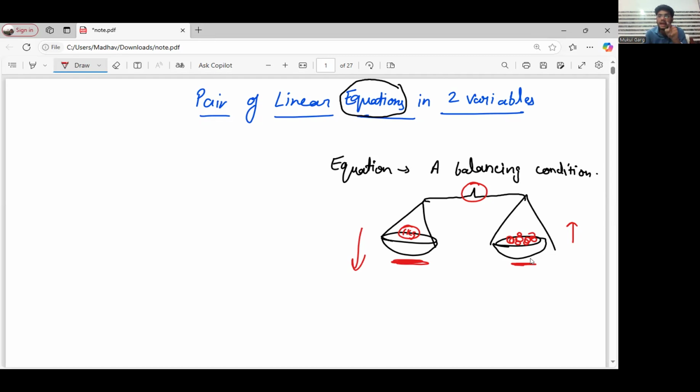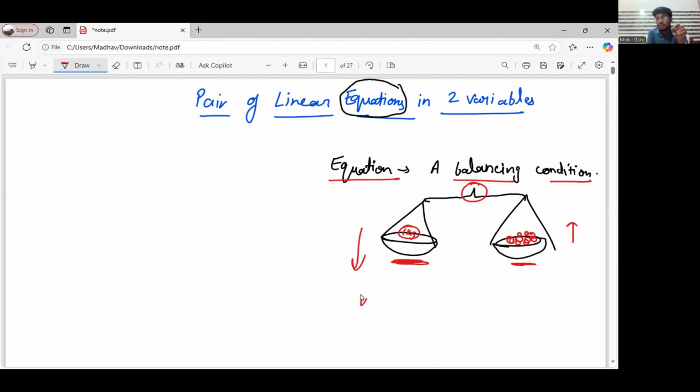है ना? So that condition is called a balancing condition, and that balancing condition is nothing but an equation. Or in other words, I can say, suppose there is a stone of weight 1 kg, and there are some tomatoes that weigh 1 kg.